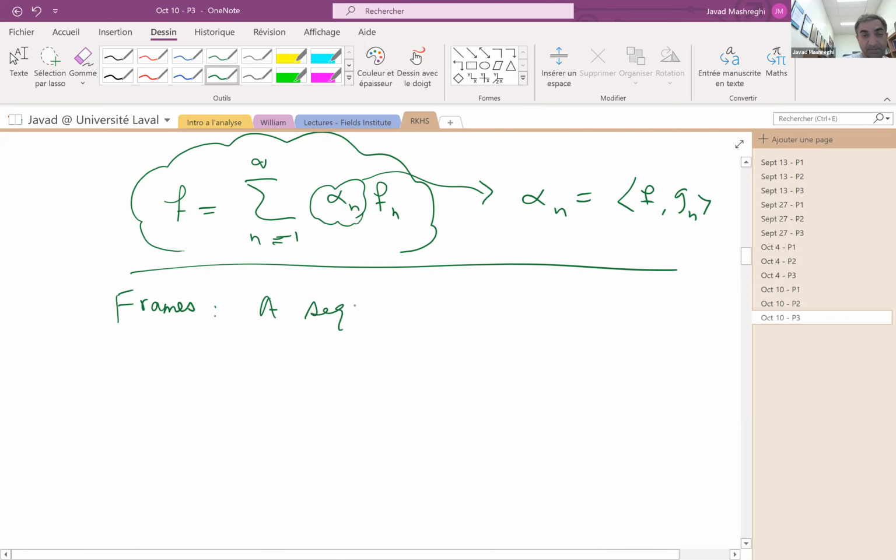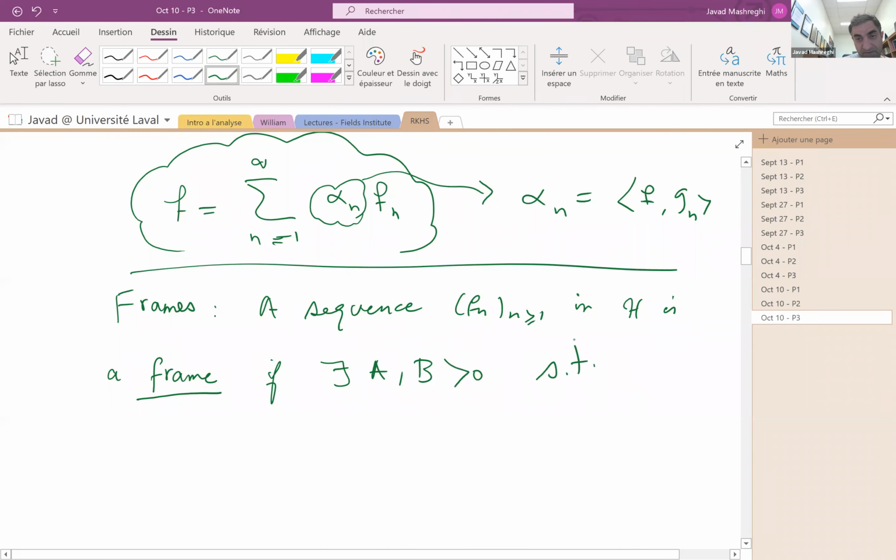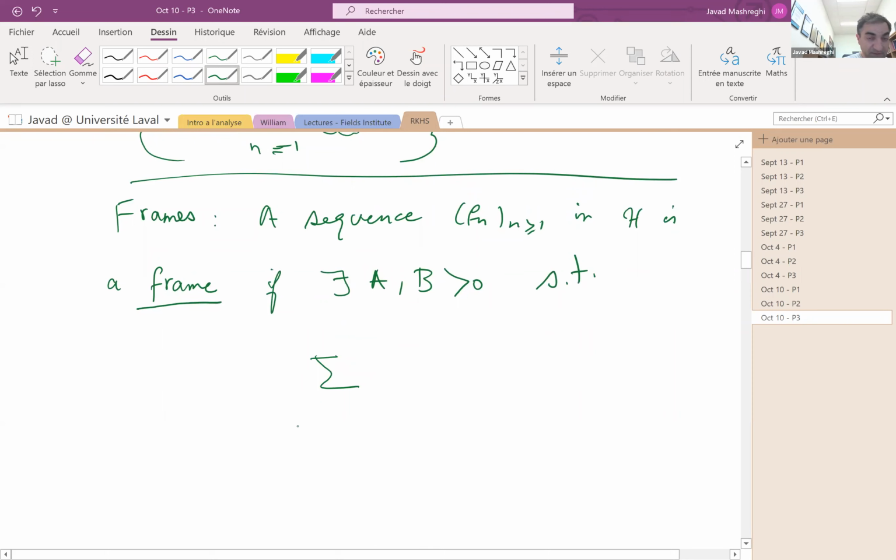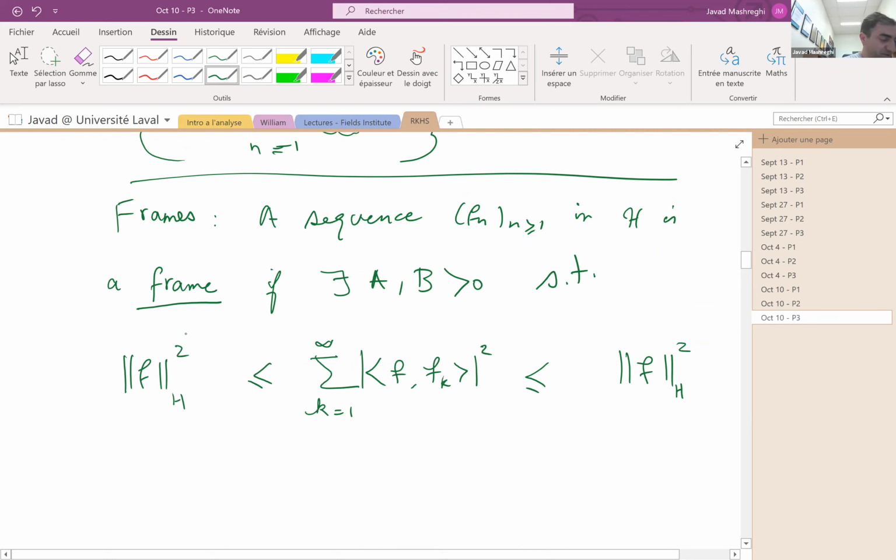A sequence Fn in H is a frame if, as before, there are constants A and B strictly positive such that the sum, k from 1 to infinity, of the modulus squared of the inner product of f and fk is majorized and minorized by the norm of f in H squared times some constant. You can put A here and B.